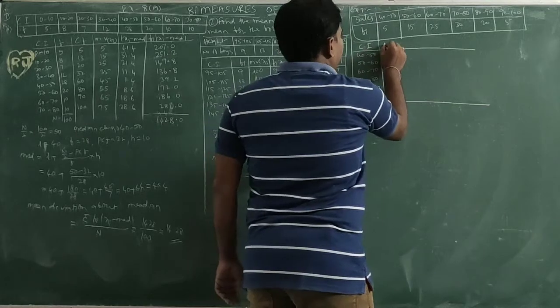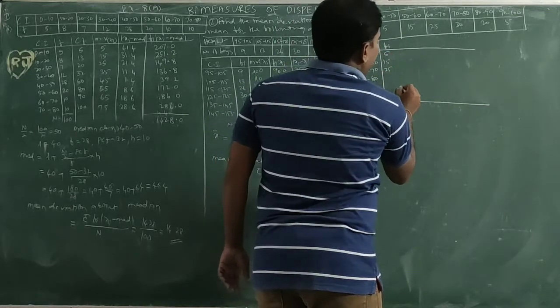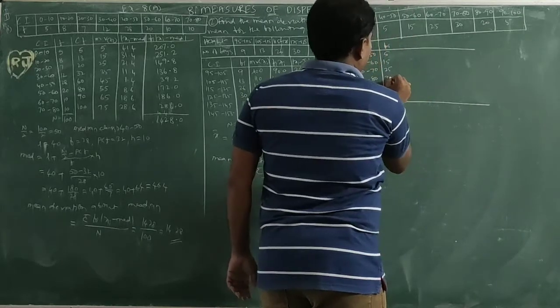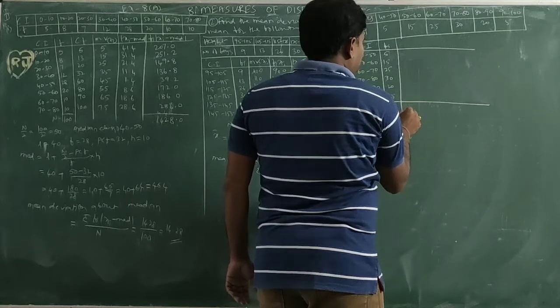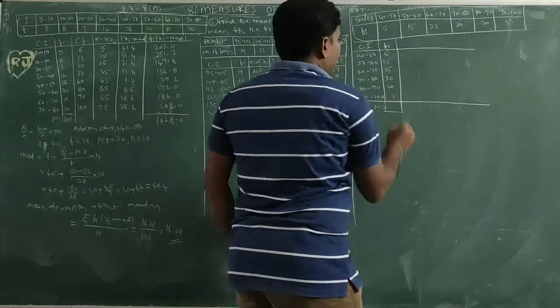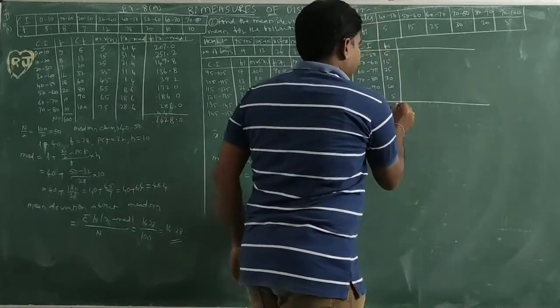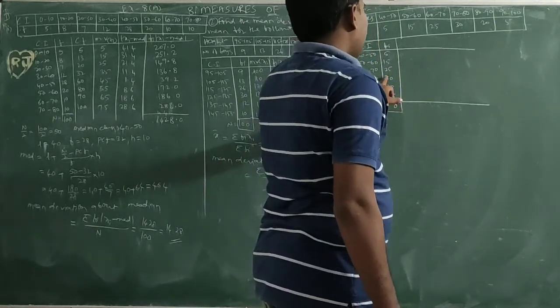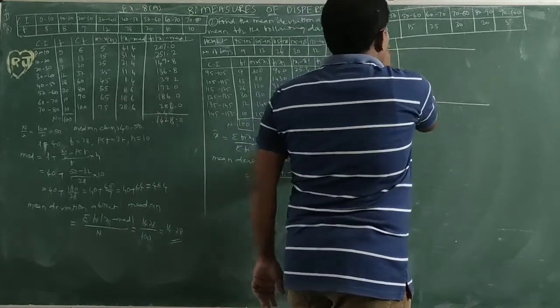Next, the frequencies 5, 15, 25, 30, 25. I want to take the total frequency. So this is the class interval.